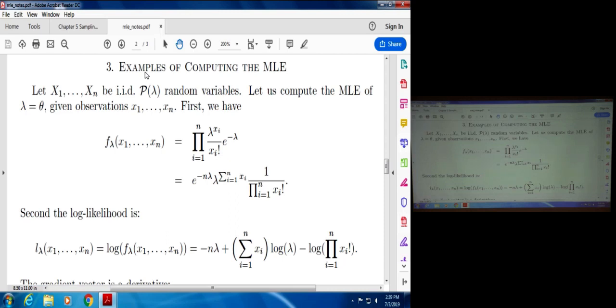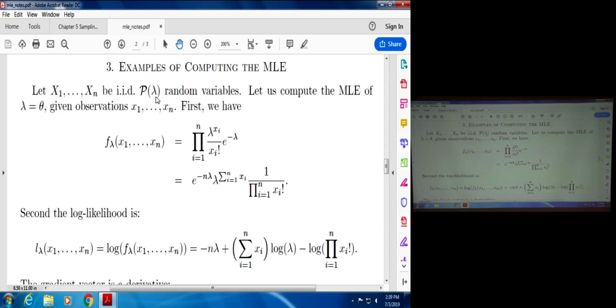So here's an example of calculating the maximum likelihood estimator when you have Poisson random variables. The idea is that you assume that you have a random variable of interest, for example, counts of something that you have seen before. If you remember, back in chapter 4, we studied the Poisson distribution, and there were many cases where we're interested in calculating probabilities associated to the Poisson.